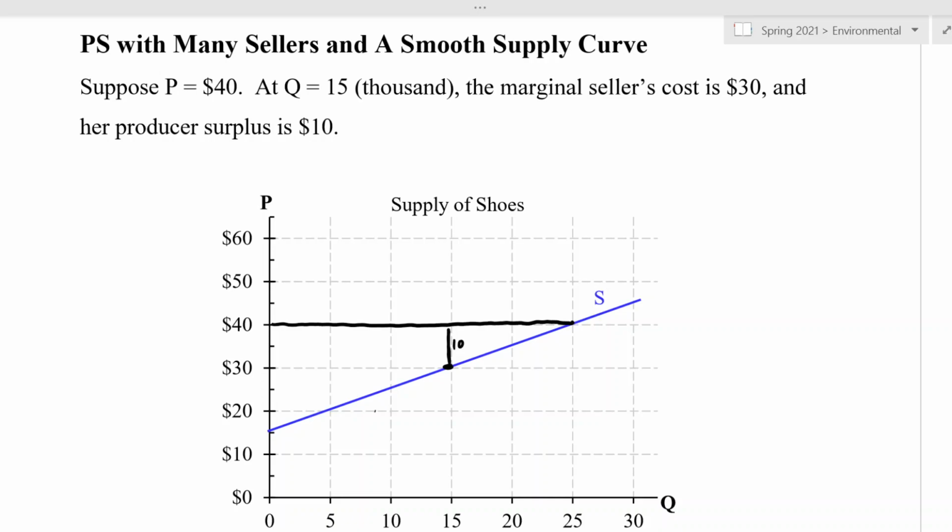They have a producer surplus of 10. This person here has a producer surplus of 20, right? And so at any given place, you can look at the producer surplus of everybody and aggregate that up by taking the area of this triangle.